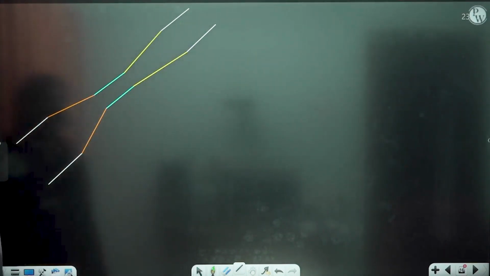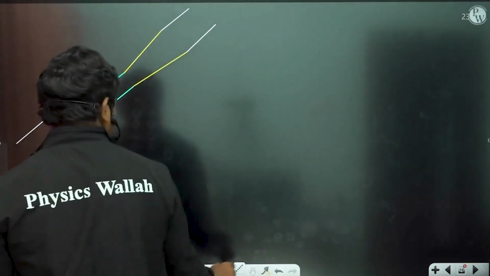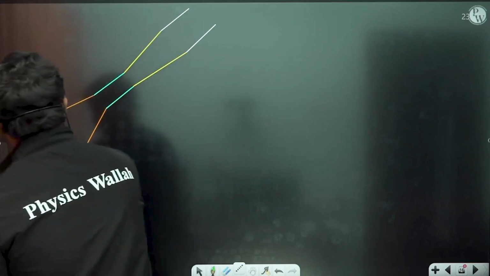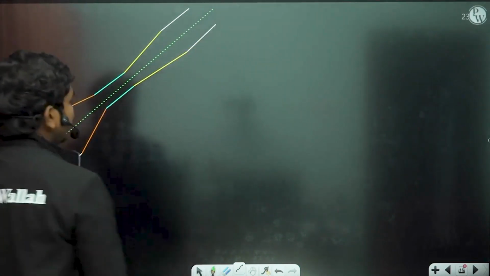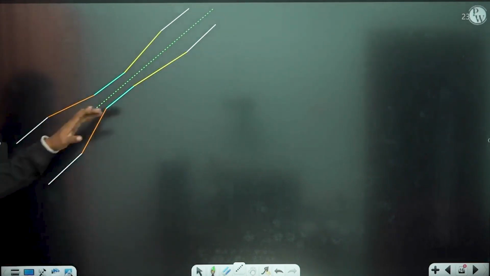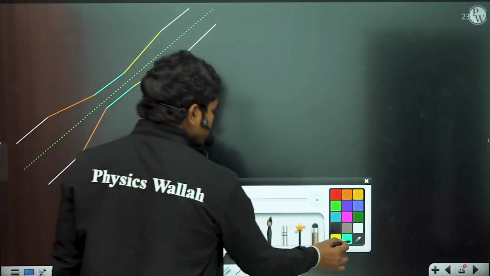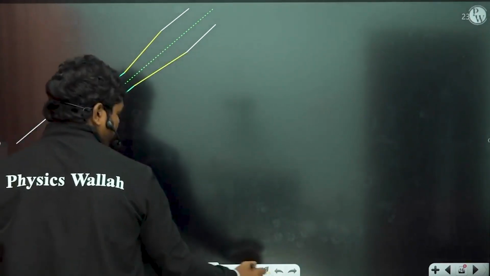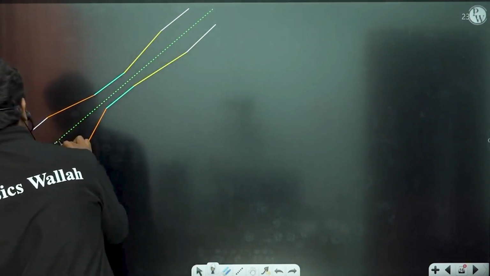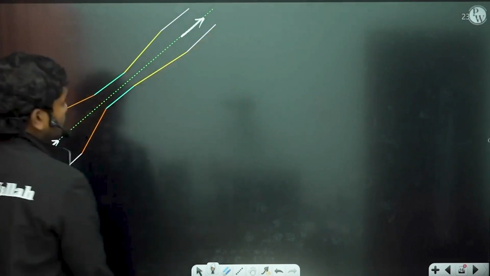So you have this pipeline, and there is some flow in this direction. So this is how the venturimeter is there. Basically it's an inclined pipe, so that there is some fluid flow. Okay, so let us suppose there is some fluid flowing in this particular direction.